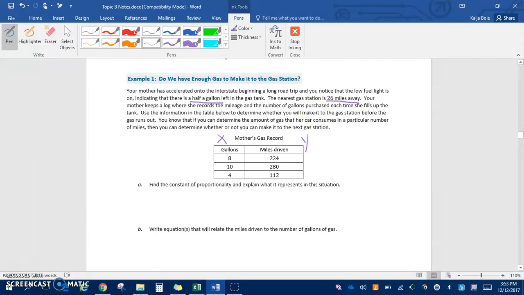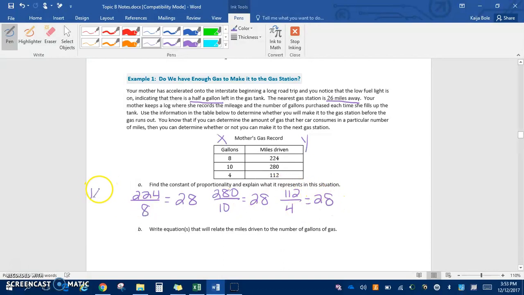First it says to find the constant of proportionality and explain what it means. So we're doing Y over X. We're going to do 224 over 8. If you put that in the calculator, that is 28. Then we check 280 over 10, which is 28, and then 112 over 4, which is also 28.